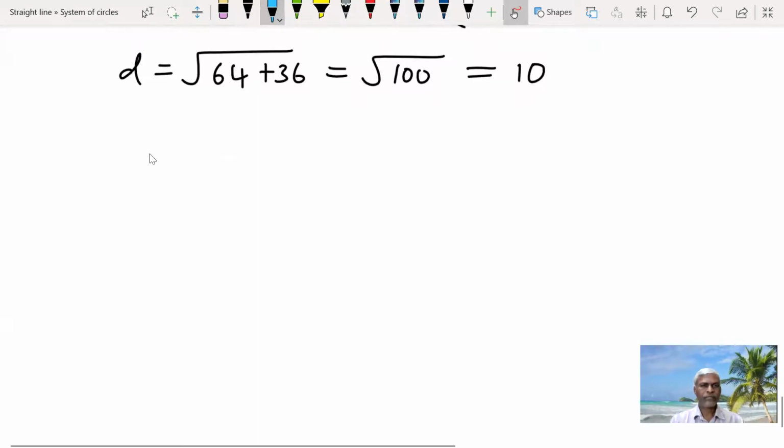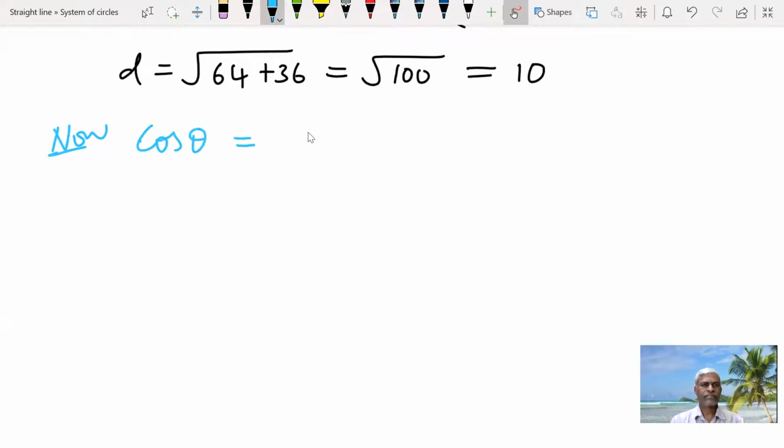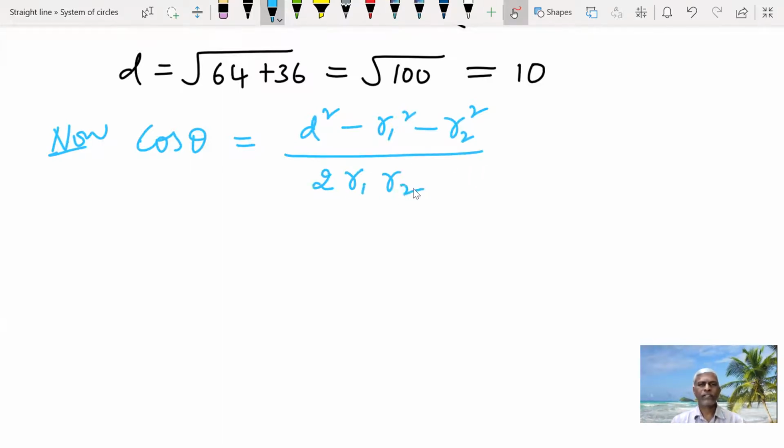Now the formula: cos theta is equal to D square minus R1 square minus R2 square, by 2 R1 R2.